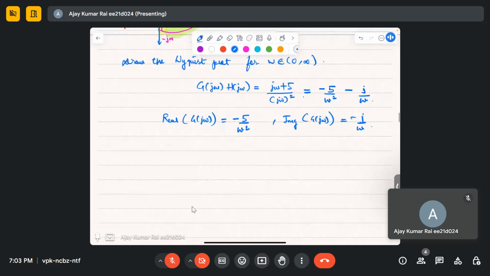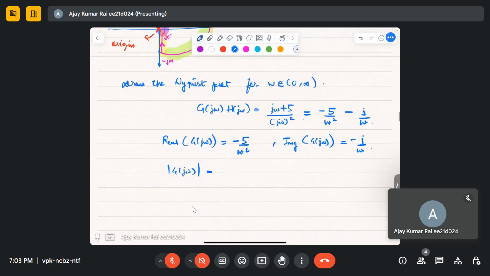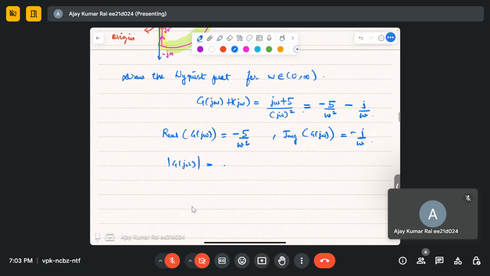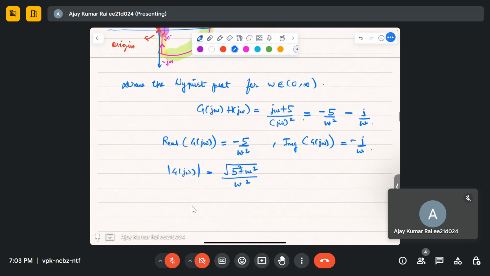And if you find the magnitude, so what is the magnitude? It is the square root of 5 square plus omega square, divided by omega square, okay?